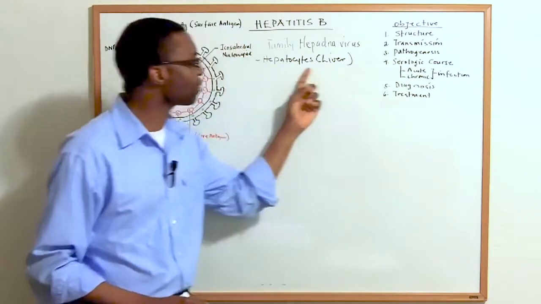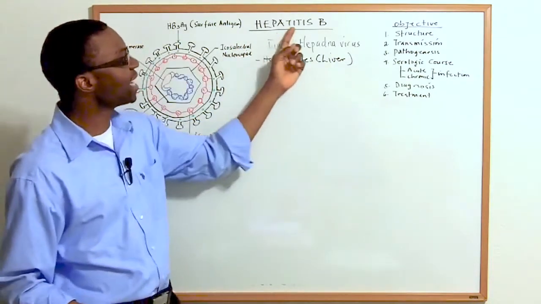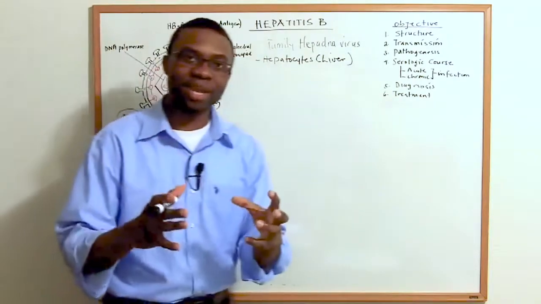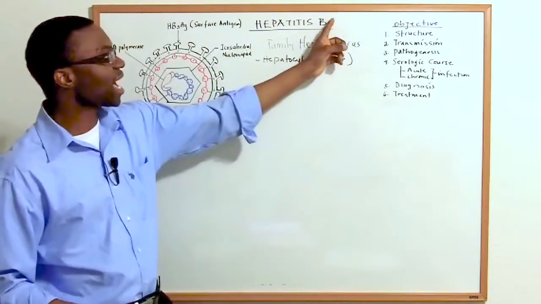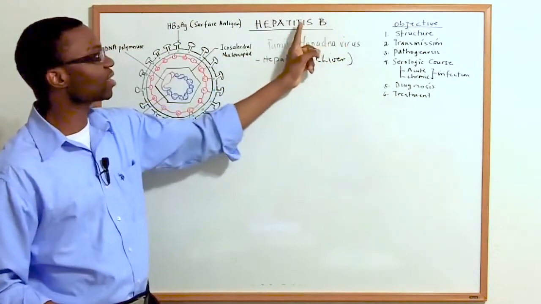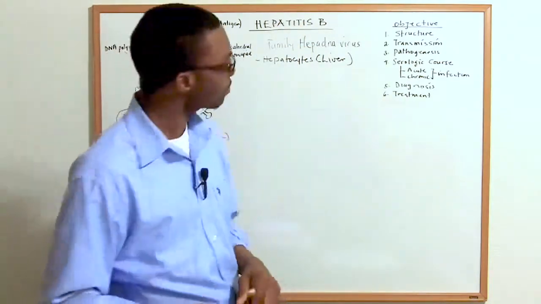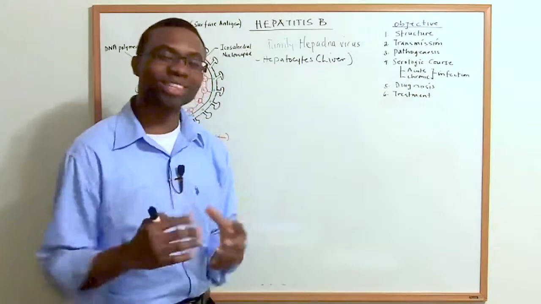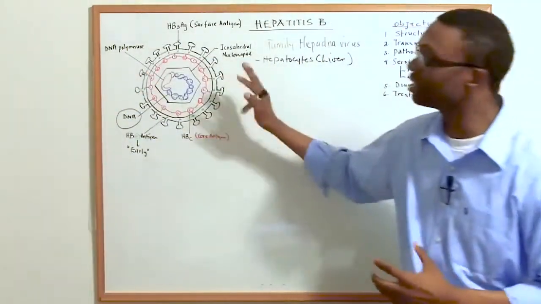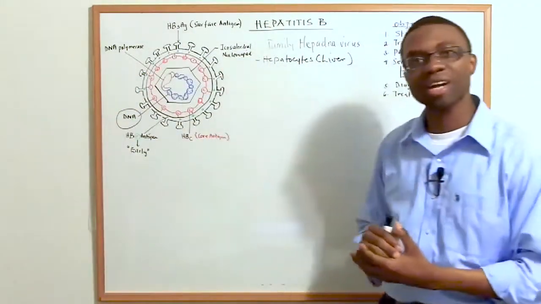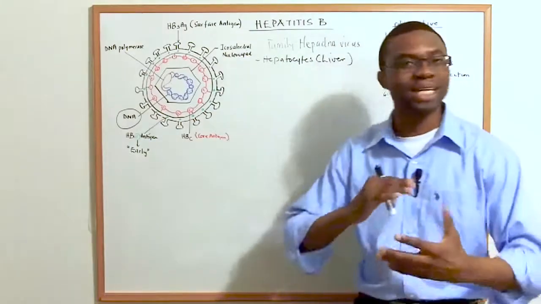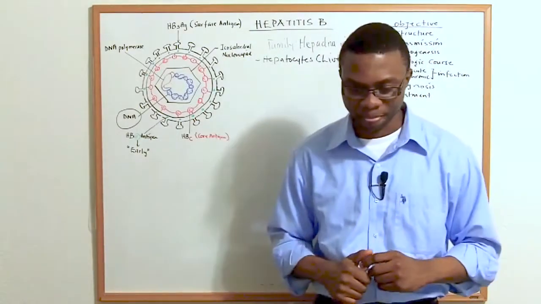That's where the word came from. Hepatitis. But itis is what? Inflammation. So it's a type B virus that causes inflammation of the liver. Now that we have known what the structure of hepatitis B looks like, I want you to keep an eye on it because this will really explain a lot of things.